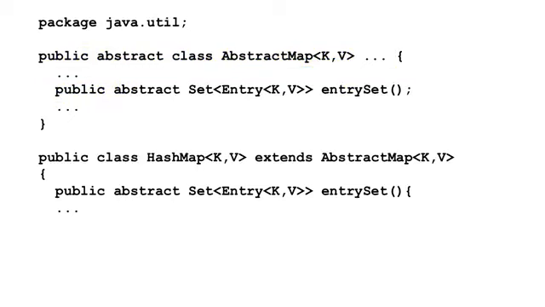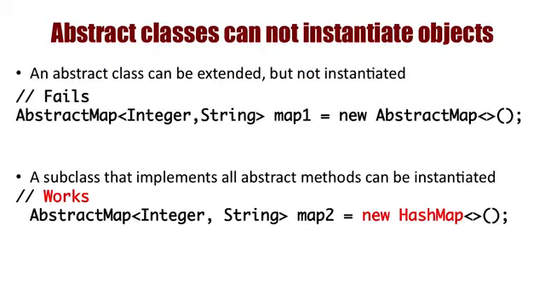An abstract class can't be instantiated directly, but it can be extended by a subclass. If that subclass provides implementation of its abstract methods, then instances of the subclass can be created. For example, it's not possible to create an instance of AbstractMap, since its entrySet method is defined as abstract.